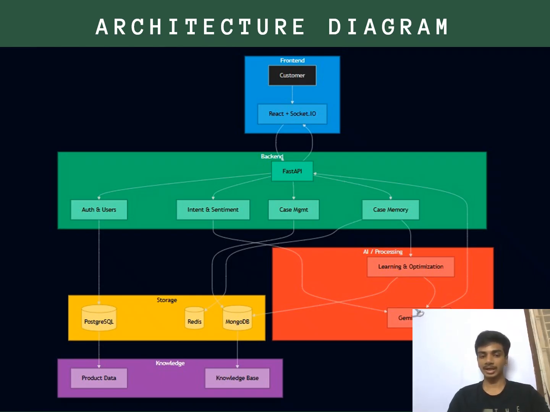It is used for structured data. Next, MongoDB is going to store conversation history in JSON format, that is unstructured data. Next, Redis will store temporary data, session data like that, for fast access. Next, the knowledge base will help Gemini remember the company policies and respond according to that.